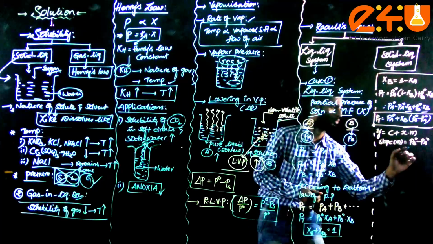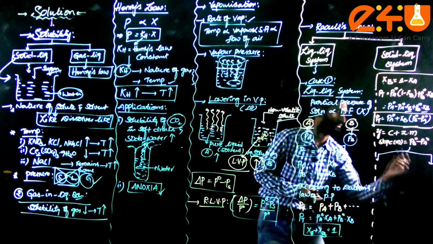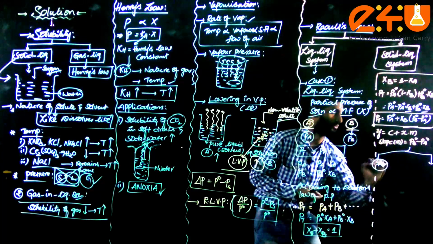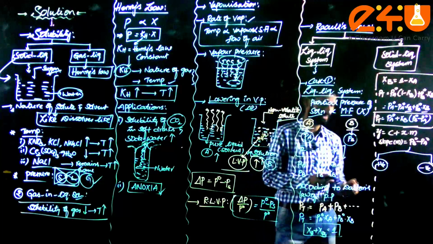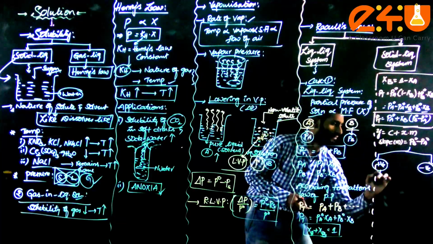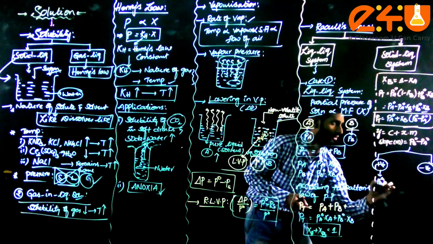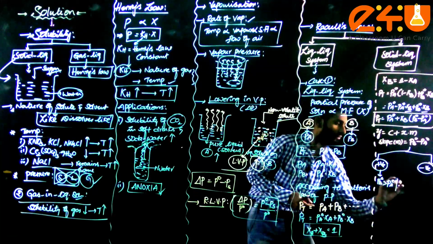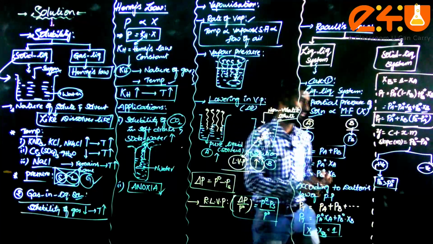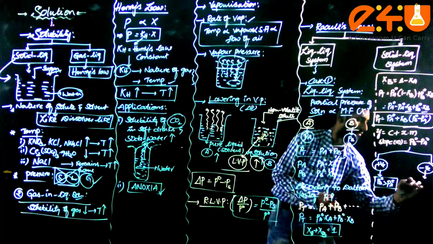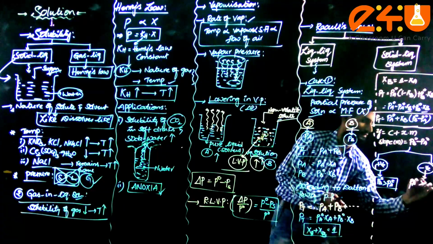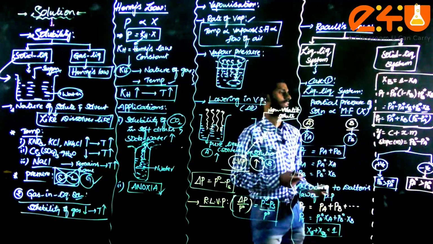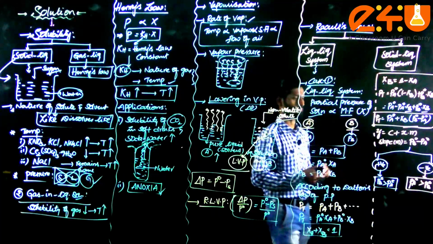We will have two types of slope here: one I can consider positive, and the other negative. If the PB naught value is greater than the PA naught value, this comes under positive slope. But if the PA naught value is greater than the PB naught value, this is a negative slope.